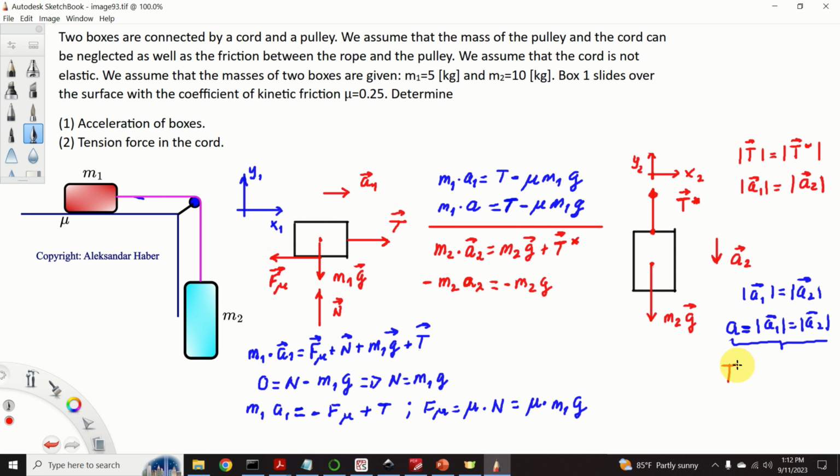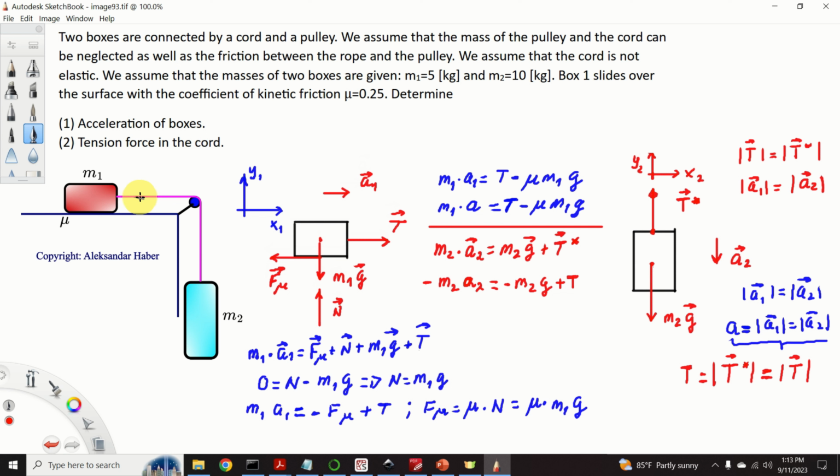The intensity of T star is obviously equal to the intensity of T. And we will simply denote this intensity by T. By using this fact, the projection of this tension force T star will simply be T. Again, since the cord is not elastic, the tension force is unique.